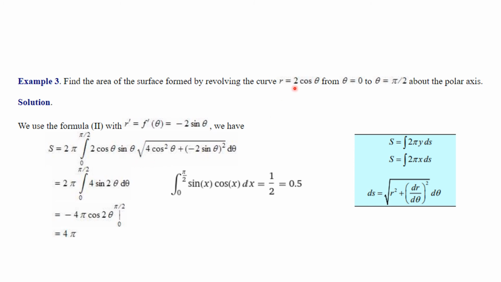This is going to be r squared plus (dr d theta) squared. So we square all that, and we get this. And we note that the definite integral from 0 to pi over 2 of sine x cosine x dx, or it could be thetas if I wanted to, is going to be a half. And so I have 4 pi at the end of my answer.